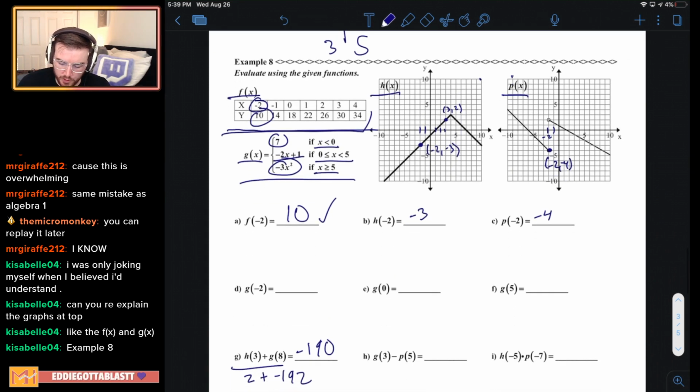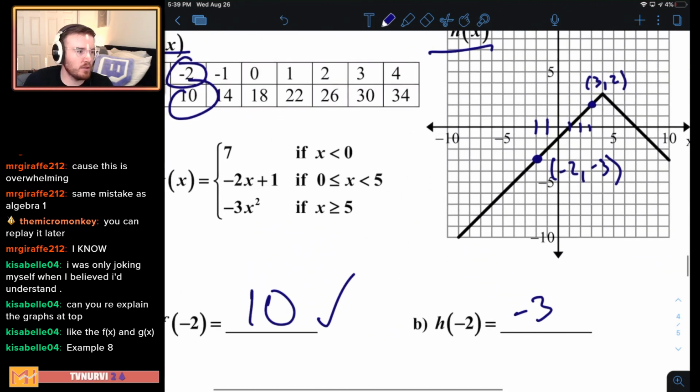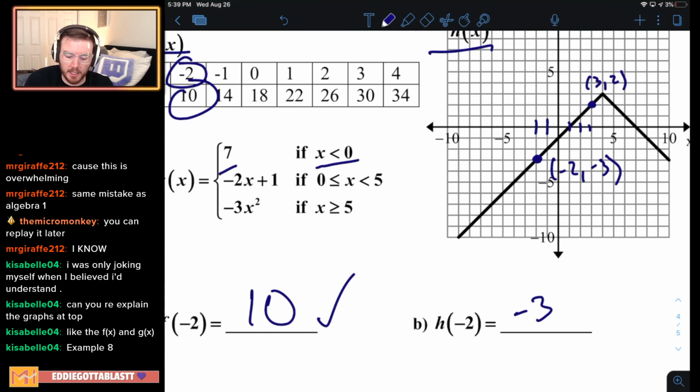So let's do another one with g. So here's g of 0, just straight up g of 0. The piecewise function has 3 separate chunks to it, okay? When you plug in 0, which chunk are we talking about? This is for the chunk that's less than 0. Is 0 less than 0? No, it's equal to 0. So we wouldn't plug it into this one, okay?